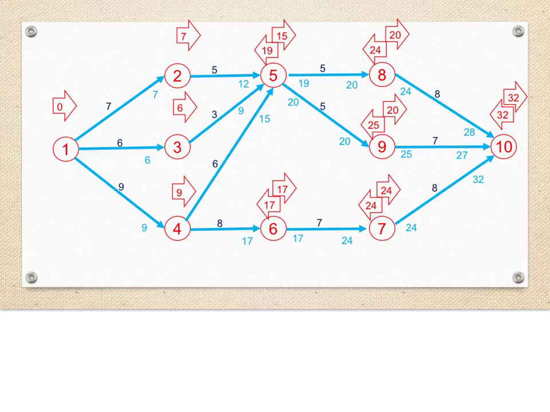For event 6, the latest finish time is simply the latest start time of task 6.7. But for event 5, we have 2 events flowing backwards into it. So we need to select the least latest start time, which in this case is 19 days.